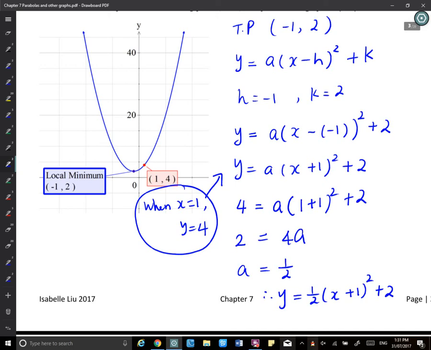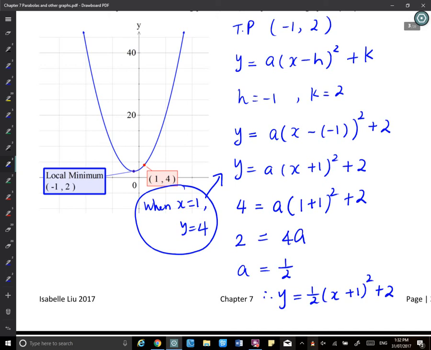That's how we find equations by looking at the graph. If a turning point is given on the graph, you will use the turning point formula. We'll talk about the other case later, when 2 x-intercepts are given. In this case, we have the turning point, so we must use the turning point formula. It's the easier way of doing this. You set up the turning point formula, and then substitute another point on the graph, which is not the turning point, to solve for the a value.